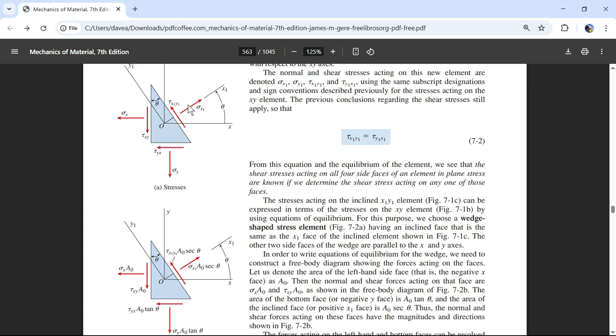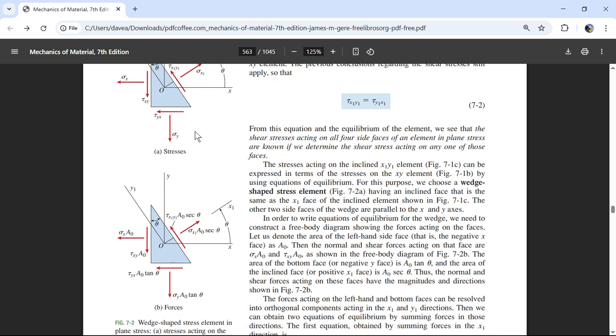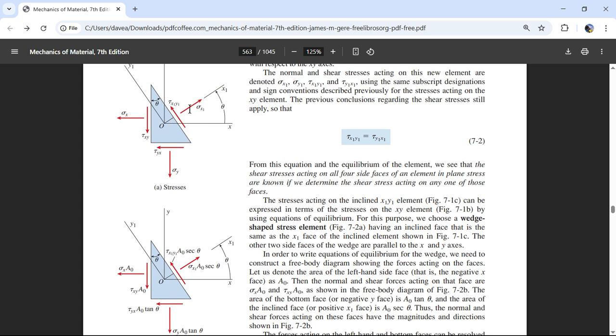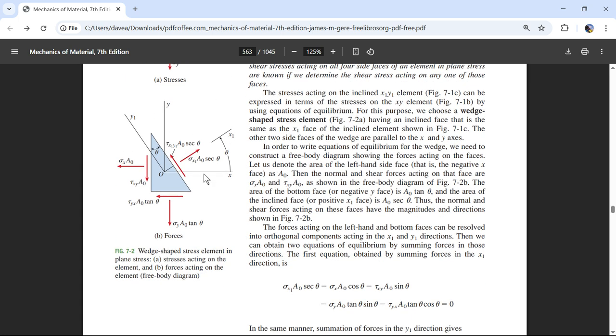We want to find the normal pressure, the thing that's trying to compress or pull on this face, and then the shear pressure, the thing that's trying to rip it this way, or it could be ripping it in the other direction. These arrows could be negative or positive. And how we get these values for these stresses on this cut is by using a free body diagram.